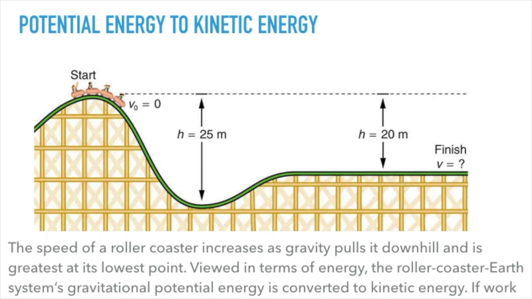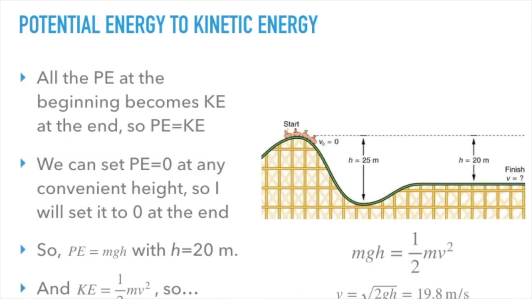Now in this problem, we're ignoring friction, so I don't have any external work. Here, external work is equal to 0. That means the change in energy is 0, or another way to say that is energy is conserved. I start and end with the same energy of the system.